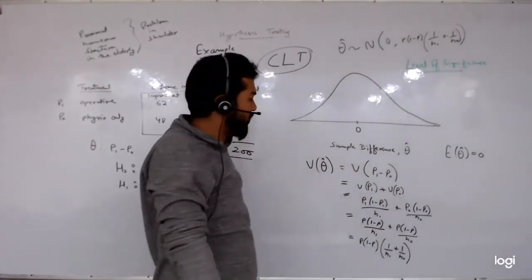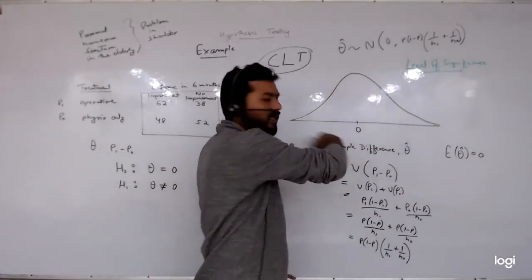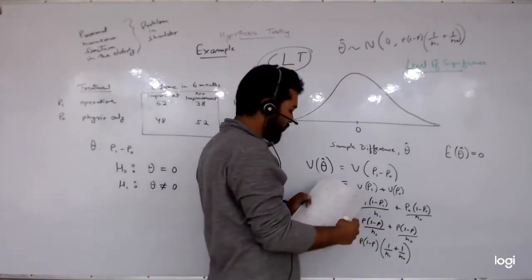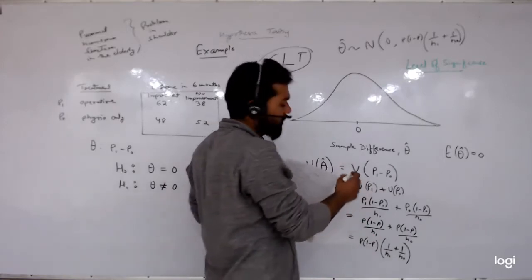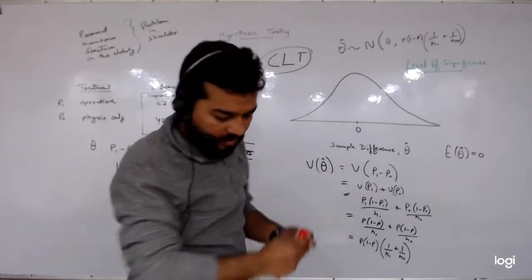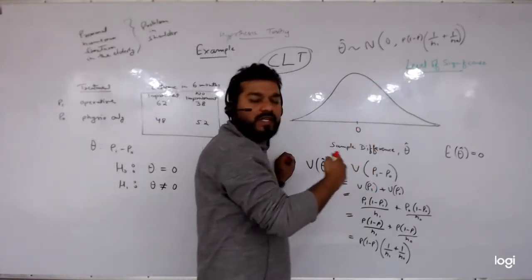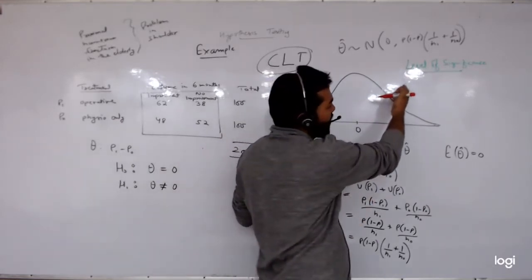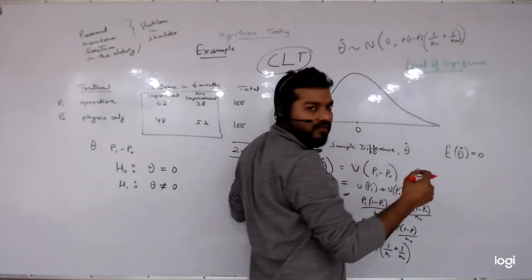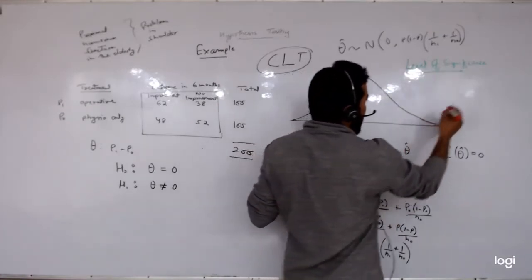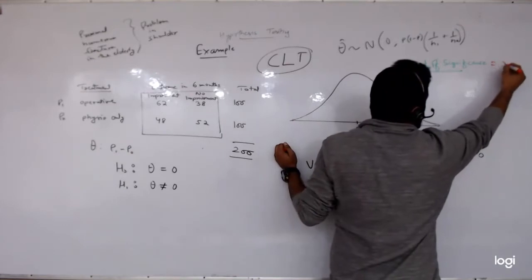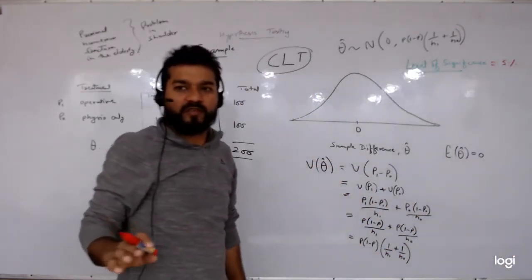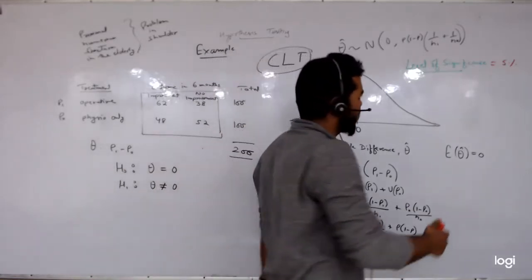So the area under this curve would be 1. It's a density function. Now the aim here is to select a critical value. And where do we get our critical values from? We get our critical values from the level of significance. Statisticians love this to be 5%. There is no reason at all why this should be 5%. It's just a practice that we've gotten used to.